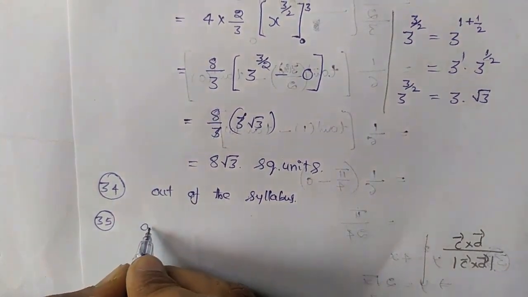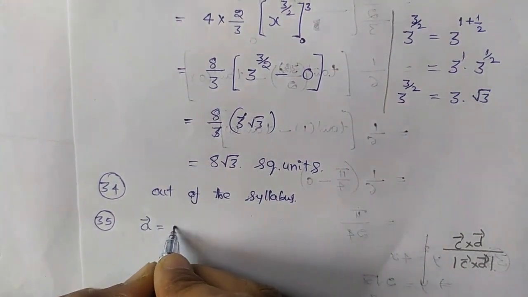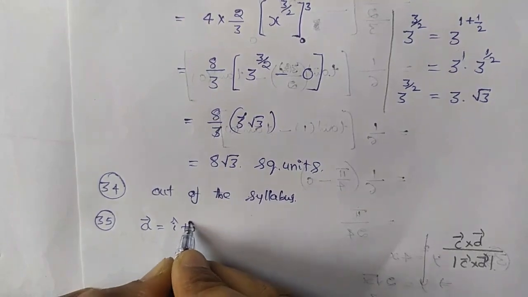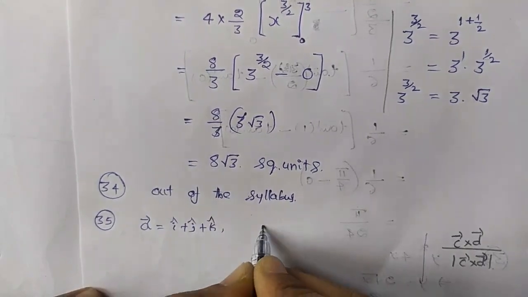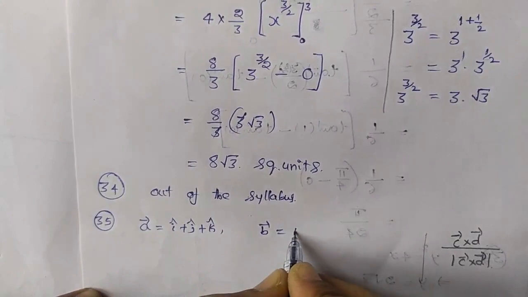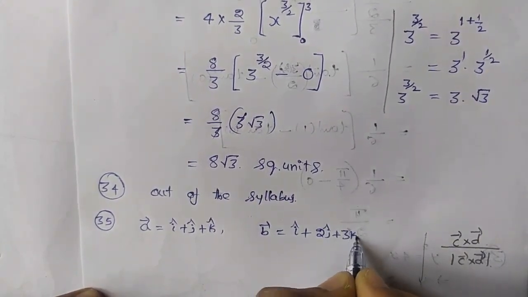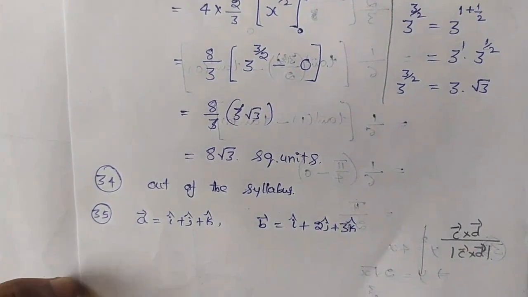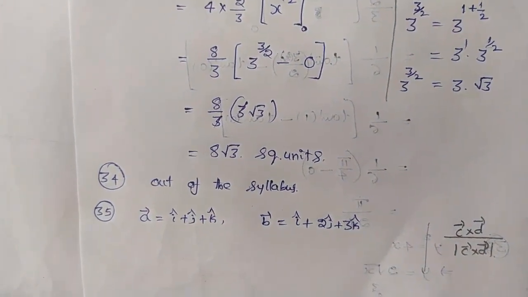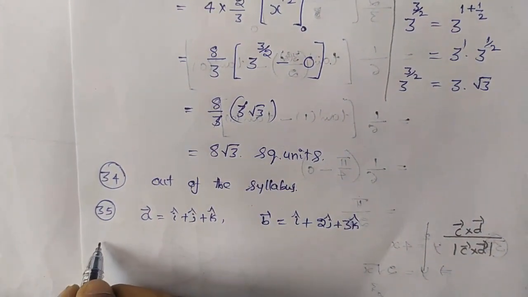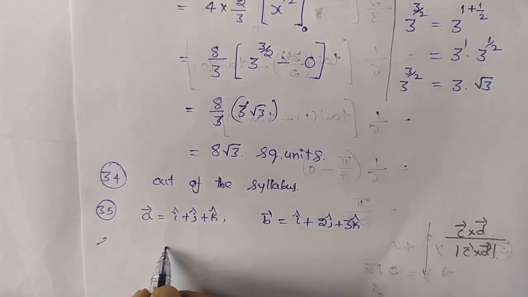First write down the vectors. A vector equals i plus j plus k, and b vector is i plus 2j plus 3k. Now find out a plus b.